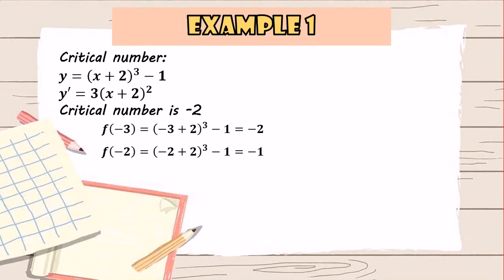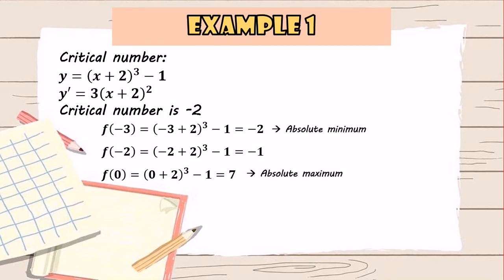For f(-2), we have negative 1. And for f(0), we have 7. So now we can identify the absolute minimum and absolute maximum value. Negative 2 is the absolute minimum and 7 is the absolute maximum.